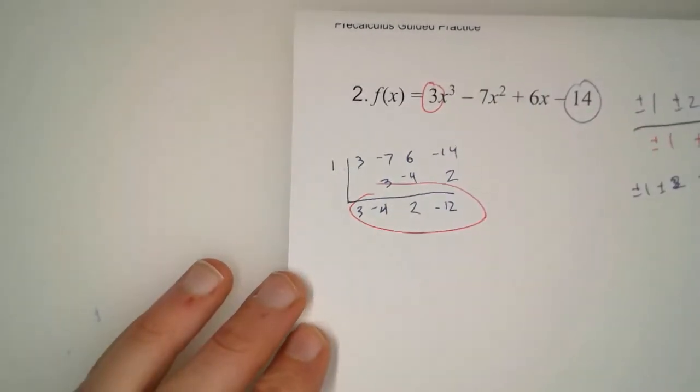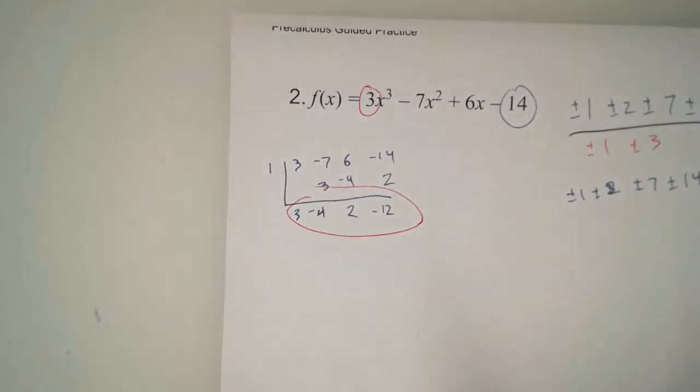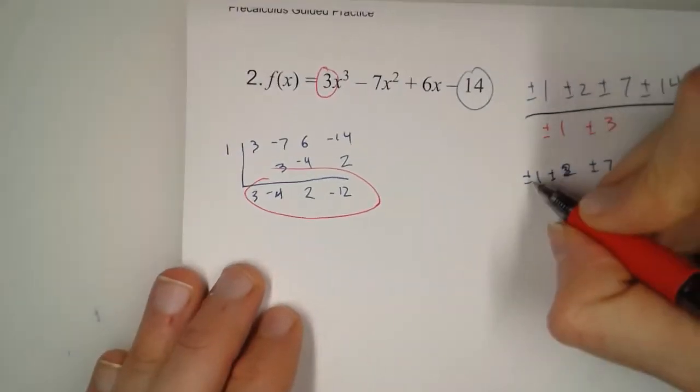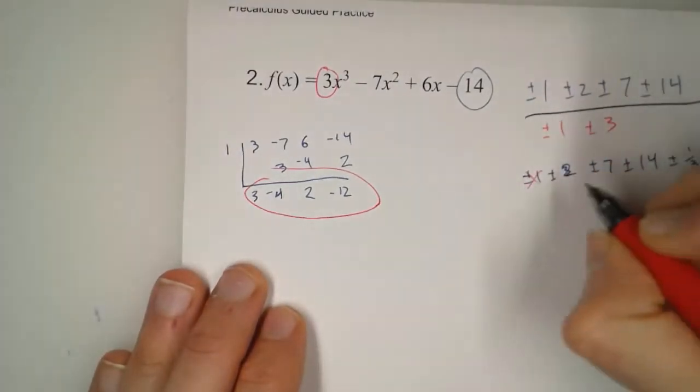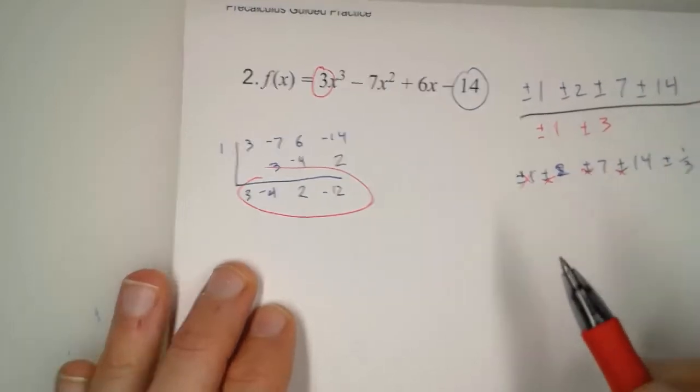We saw that in the previous video. When we see a sign pattern like that, this is telling us that this number is too low. So 1 is too low. Well, if 1 is too low, so is -1. So is -2, so is -7, so is -14.